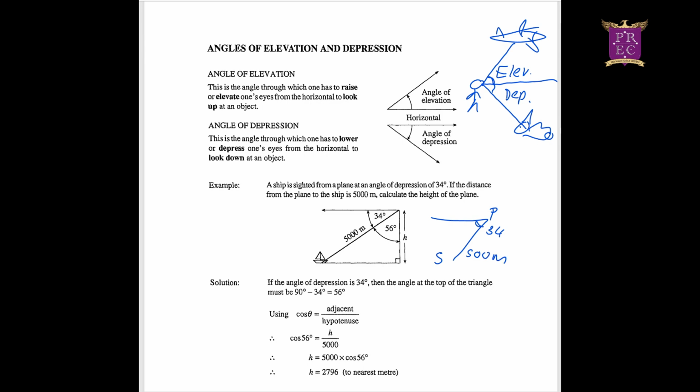They're asking us to find the height of the plane. To find the height of the plane, what we need to do is find the side length of this side. What do we have? They've given us 34 degrees, the hypotenuse, and they're asking us to find the opposite, which is this side. To find that, we can use sine 34 is equal to opposite over hypotenuse. Opposite is x, hypotenuse is 5,000.